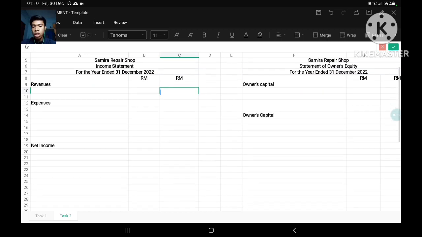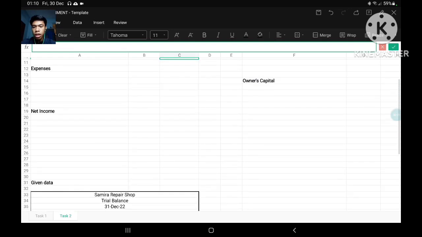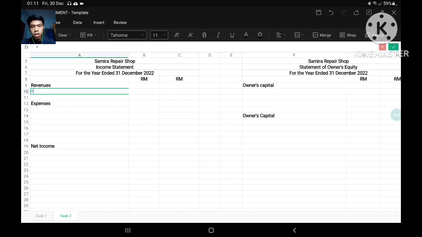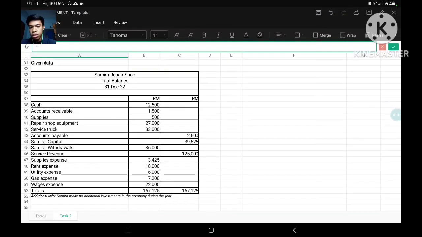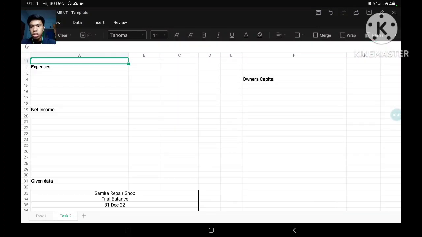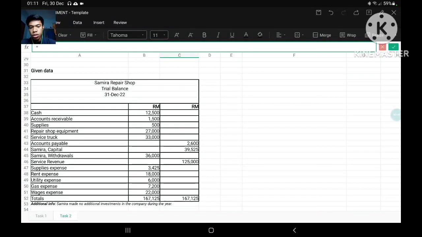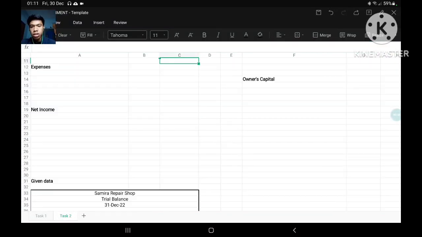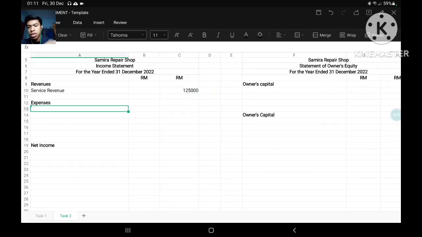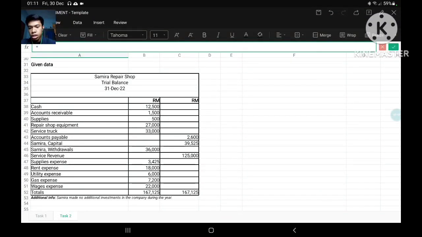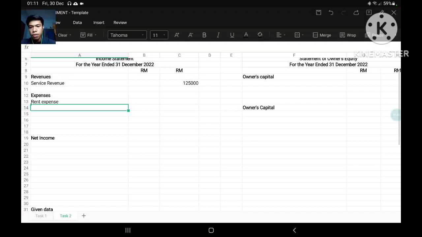How to get the revenues: we go to the table and just type equal, the left, equal, the service revenue. Okay, just equal all the revenues.